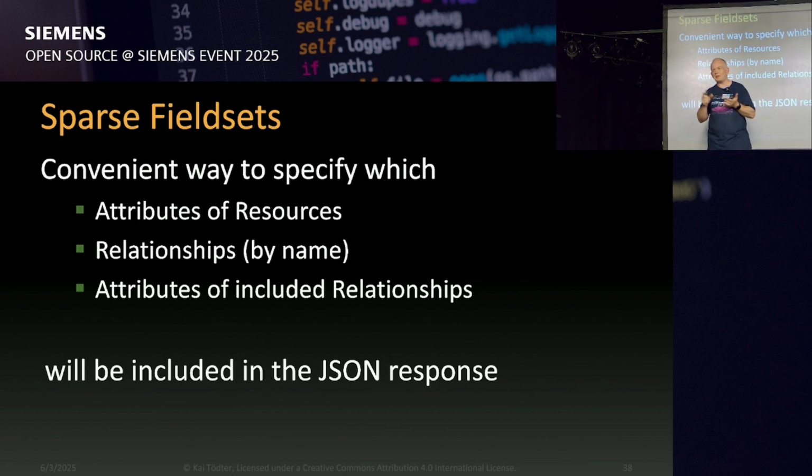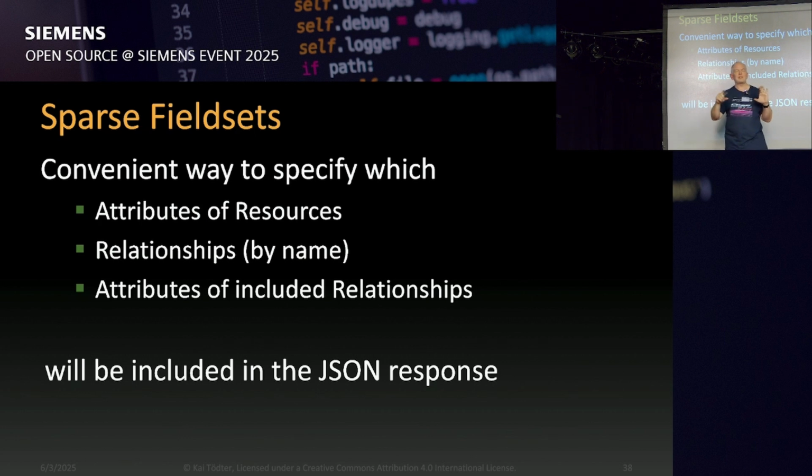But in most cases, you don't want those 50 attributes. You only want 3 or 5 or so. People then came to us and said, this is a super use case for GraphQL, so we build up a GraphQL API, then we can do that easily. And others say, well, if we have this specified in JSON API, then we could use it out of the box. We already have a REST API.